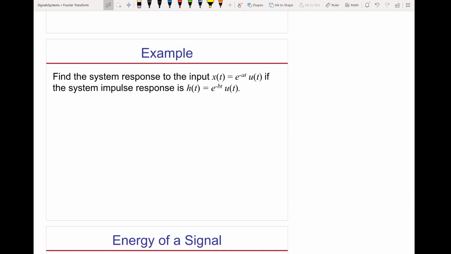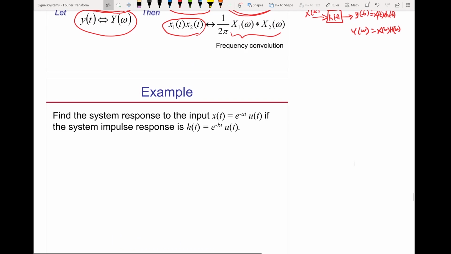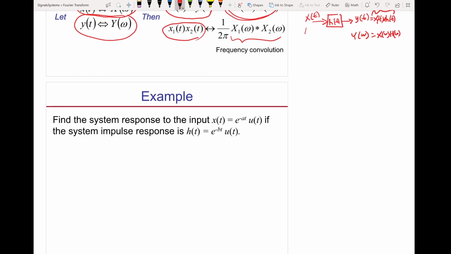In this example, you have x of t and you have h of t. Basically, x of t here is e to the minus a t. So X of omega, using the table, is 1 over a plus j omega. And the system impulse response, H of omega, is 1 over b plus j omega.